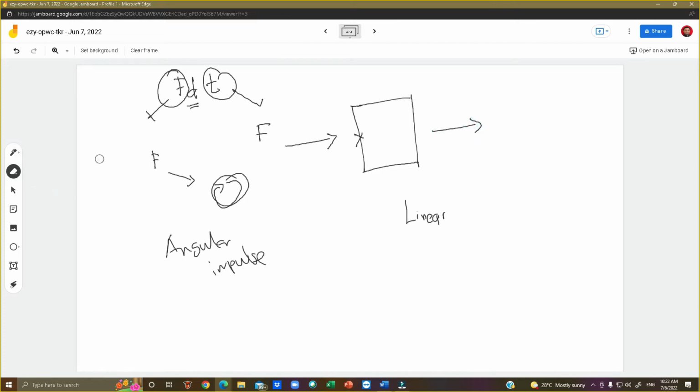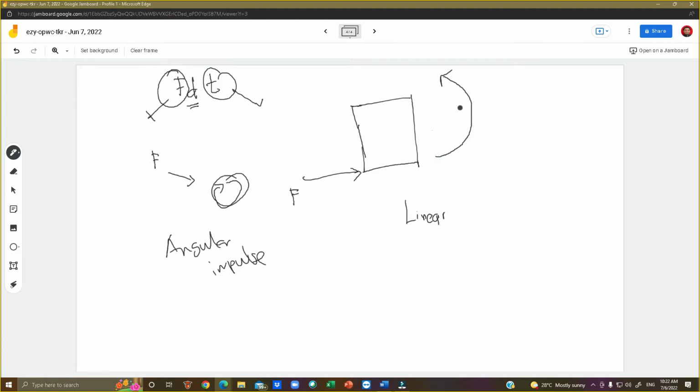Now, what if I give force to this box like this? What is going to happen to the box? We give it from the side, not straight on. It will cause the box to rotate.